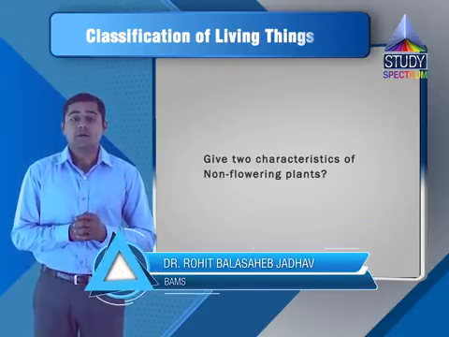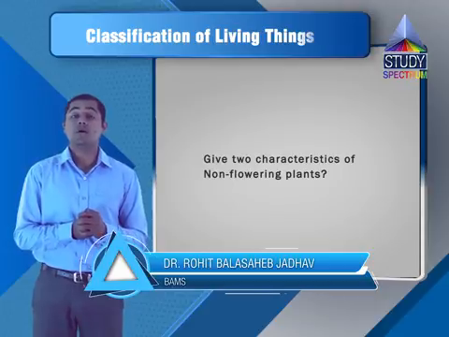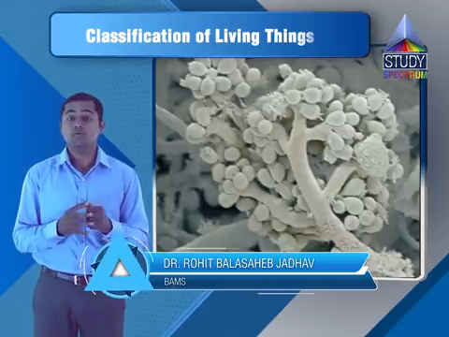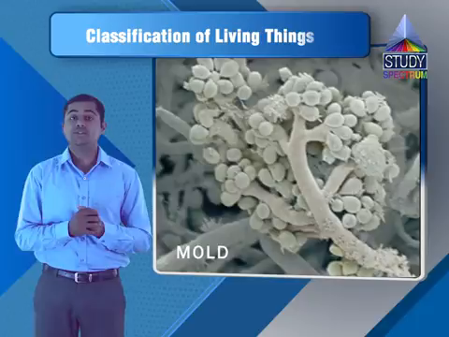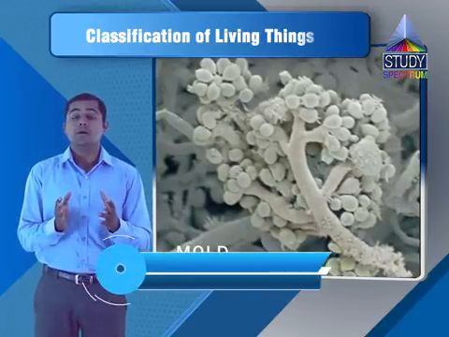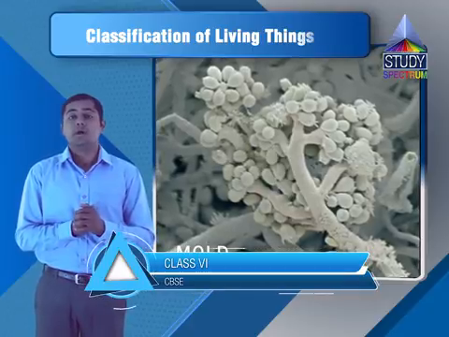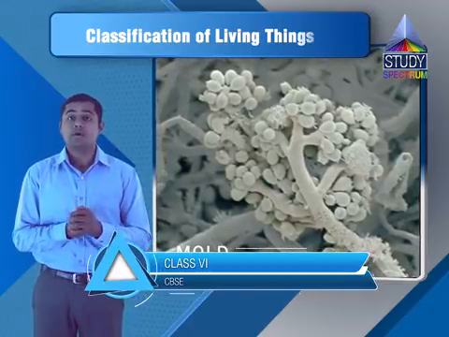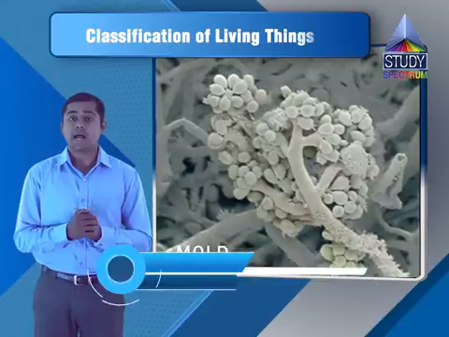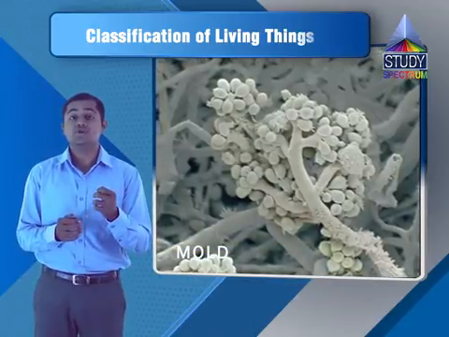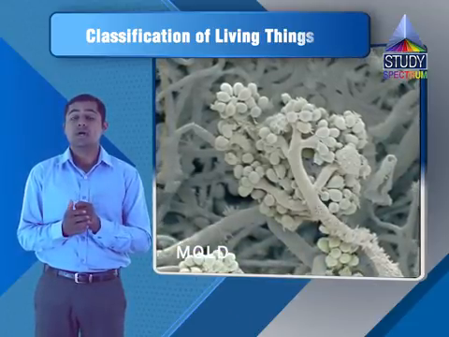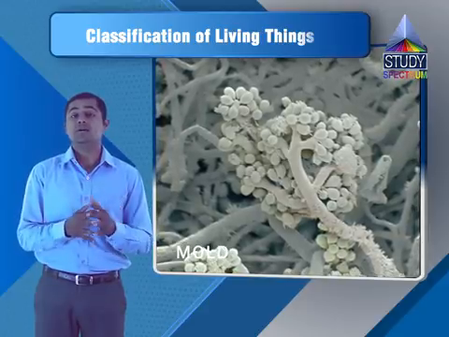Next question, give two characteristics of non-flowering plants. Non-flowering plants actually do not bear any flower. Then how do they reproduce? If we take the example of mold, it is a non-flowering plant. So it creates the spores. Those spores regerminate into another mold.